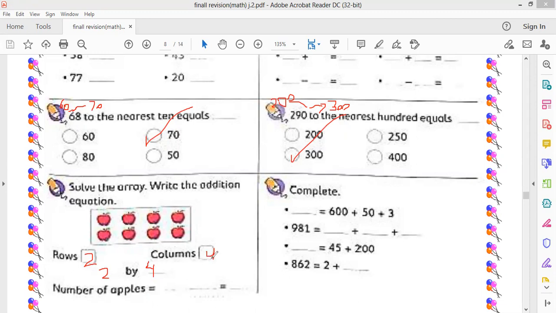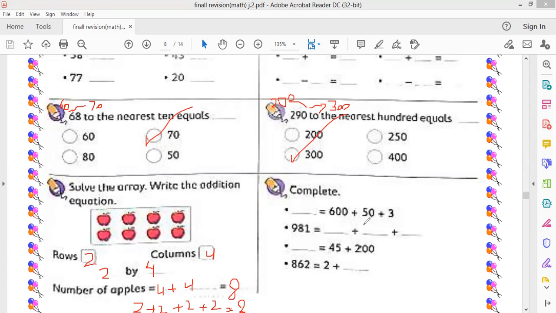We can write 4 plus 4 equals what? Equals 8. Or we can repeat 2 four times. 2 plus 2 plus 2 plus 2 equals what? Equals 8.